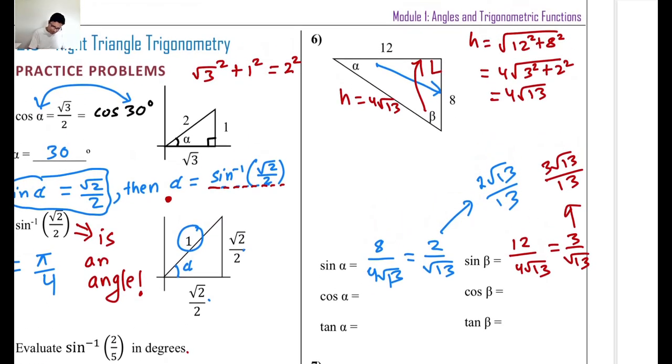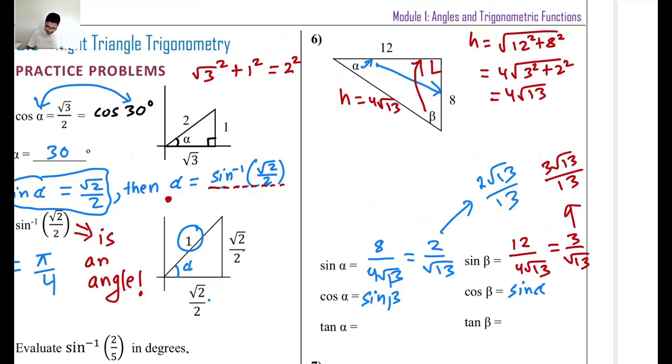And now what is sine alpha will be cos beta, and what is sine beta is cos alpha, because if you look at cos, for cos alpha the adjacent is that 12, right? So I'm writing that here. Cos beta is sine alpha, cos alpha is sine beta.